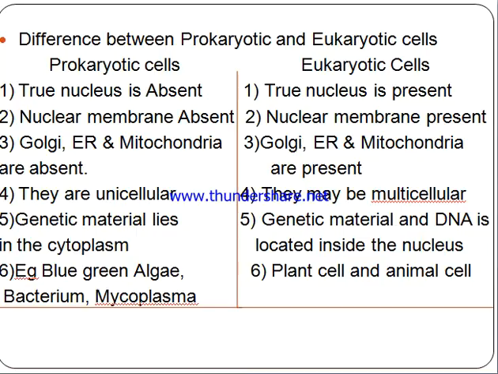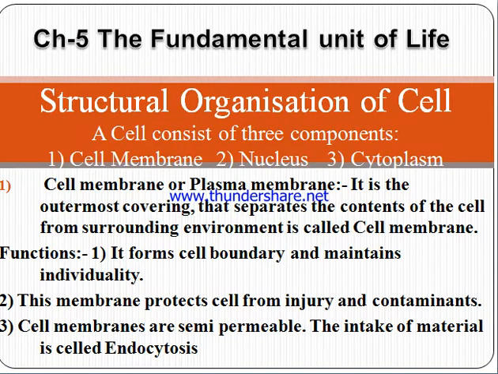Next we come to the important topic, the structural organization of the cell. A cell consists of three components: the cell membrane, nucleus and cytoplasm. The cell membrane is the plasma membrane, which is the outermost covering. Its function is to maintain the individuality and to protect the cell from injuries.